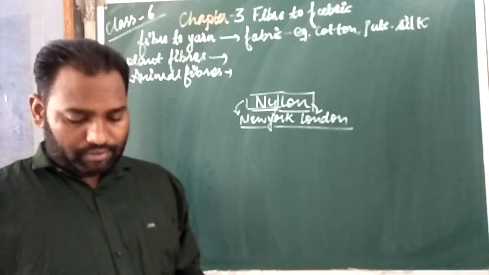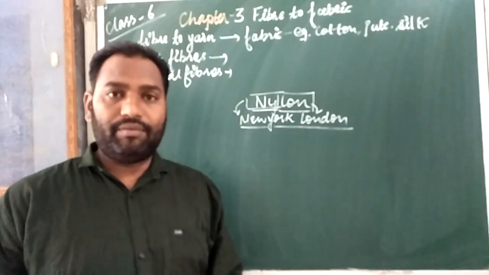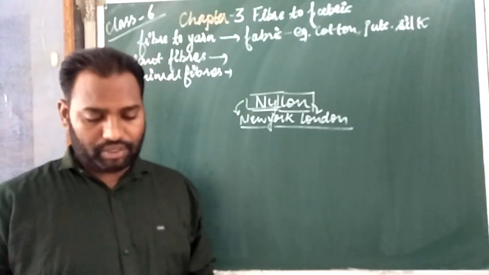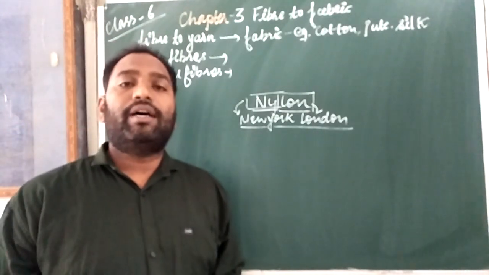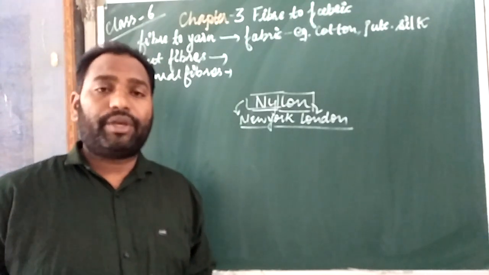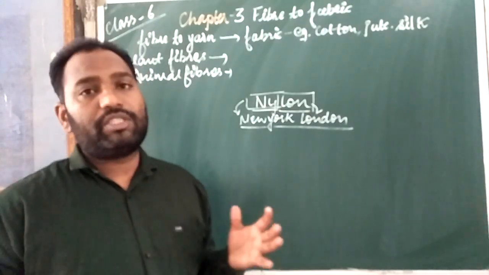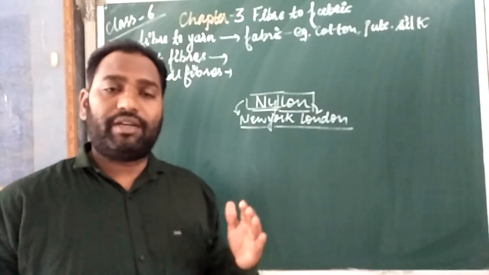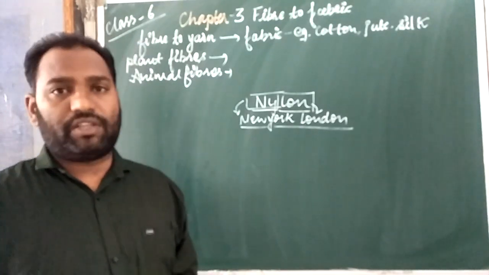Now we have to see the plant fibers. Activity 3.1 is here, and for that you have to look at some clothing materials inside your house in almirahs. Distinguish among them which clothes are made from plant fibers, which from animal fibers, and which are synthetic or artificial fibers.